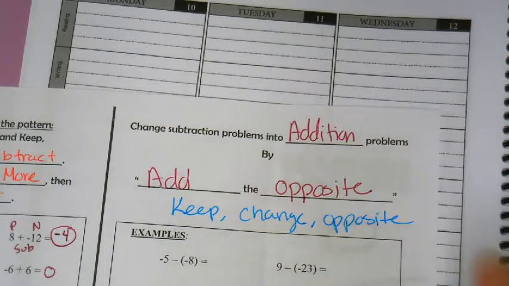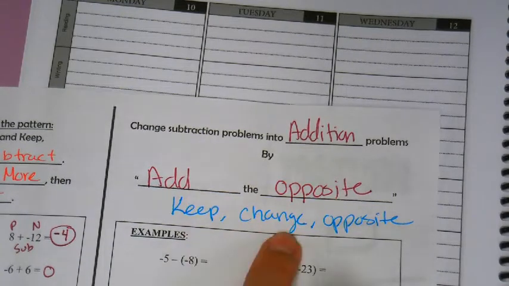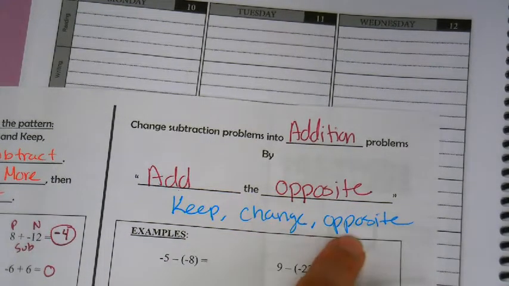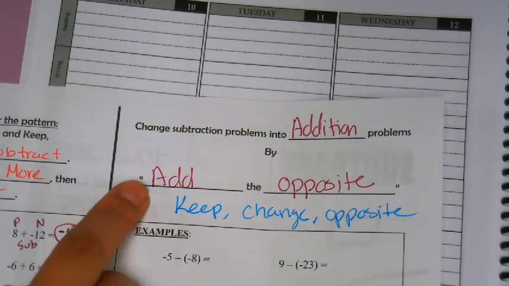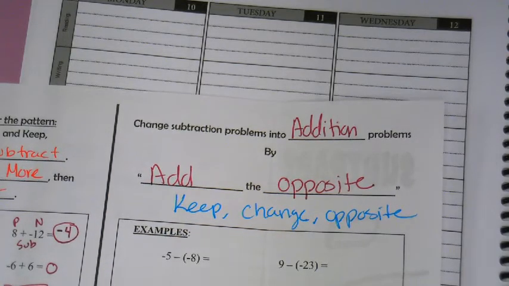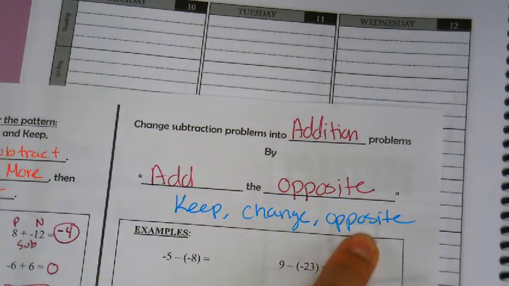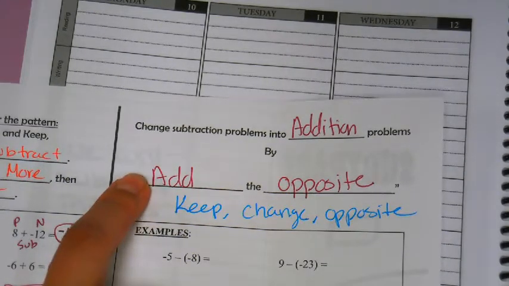I like keep, change, opposite in 7th grade because it tells you what to do from the beginning. Keep the first number, change the operation, and then do the opposite. In 8th grade and in high school, they just say add the opposite. So you're supposed to remember to keep the first number, right? But as 7th graders, and we're new at this, I like to write it as keep, change, opposite, okay? If you say that to your high school teacher, they're going to look at you kind of weird, but by then, you'll realize, oh, it's just add the opposite.